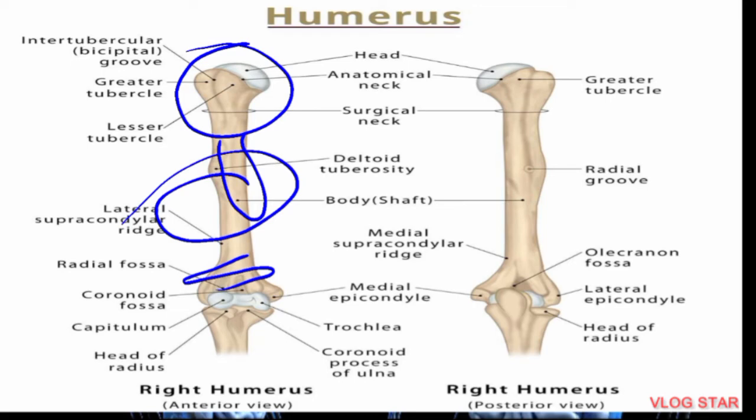So let's study the proximal end. The upper end, known as proximal end of humerus, has a head. We have seen this head, and it is separated from the greater and lesser tubercle by the anatomical neck.